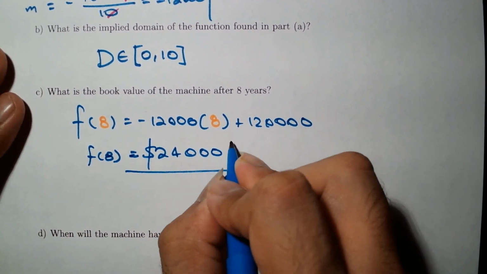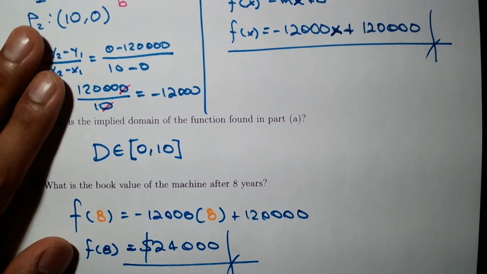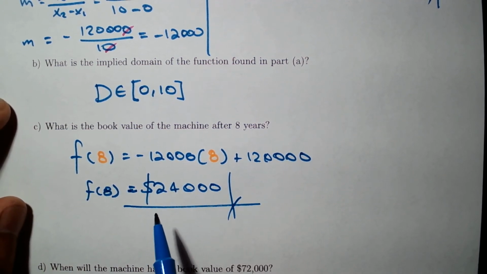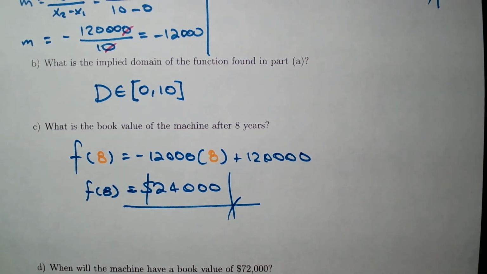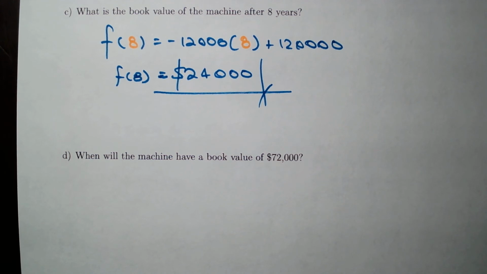So see how using this linear function to depreciate the value of the machine, initially its value was $120,000. Now, after 8 years, it's pretty much worthless. It's now worth $24,000.